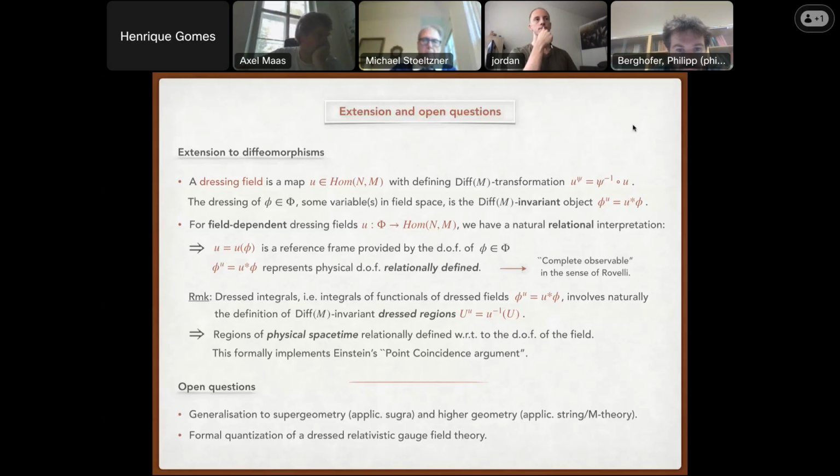And then the point is, well, what do we mean by a physical observable? If the fields are uncoupled, if the thing that you use for the dressing and the field that you're dressing are dynamically uncoupled, then you haven't really obtained gauge invariant observables in the sense that we would have liked to have them.